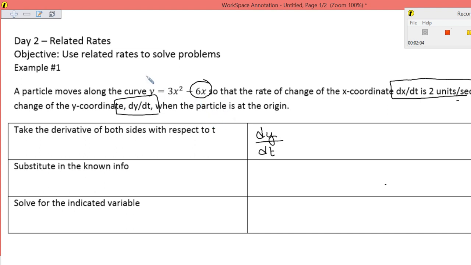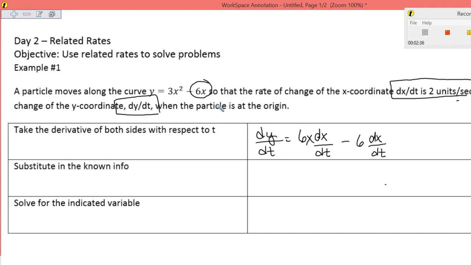To find the derivative of 3x squared, we find the derivative like we did before, which would be 6x using the power rule. And then we find the derivative of x, which would be dx/dt. Now we're using the chain rule. That would be, once again, we've talked about this, 6x, the derivative of that is 6. But since we're taking the derivative with respect to t, it would be 6 dx/dt.